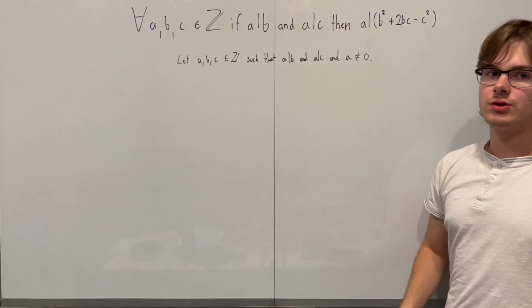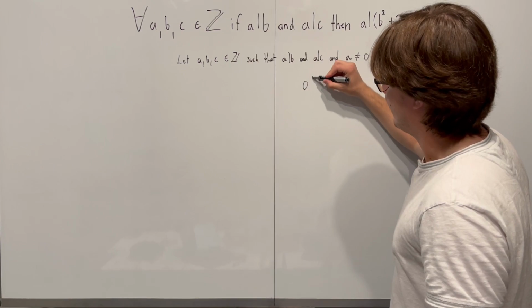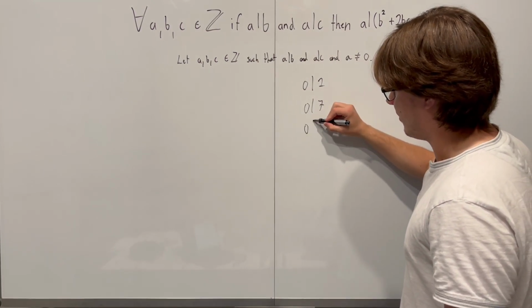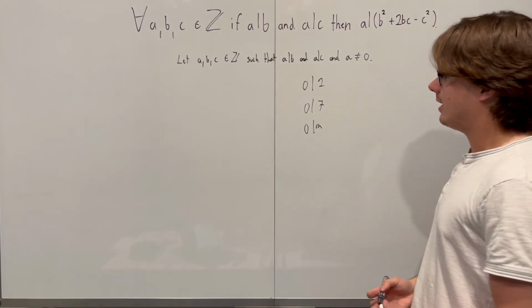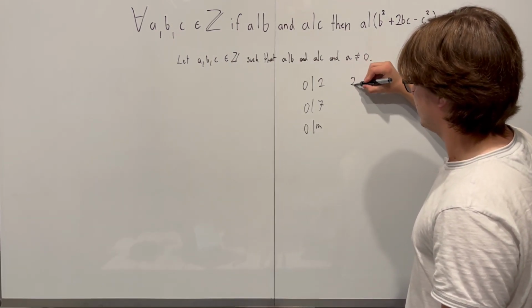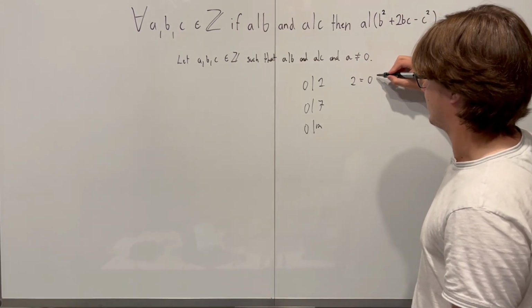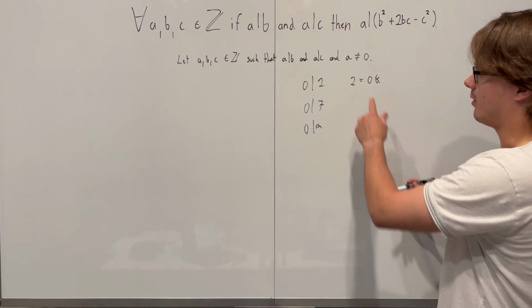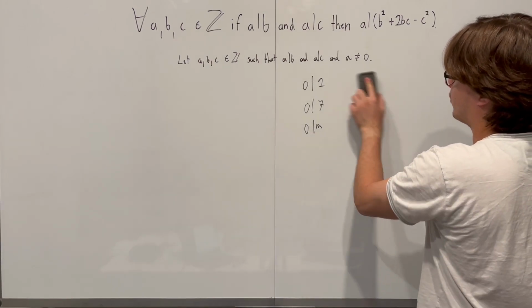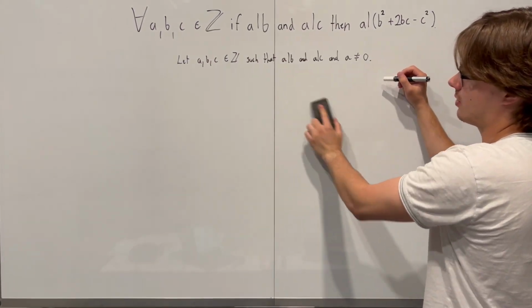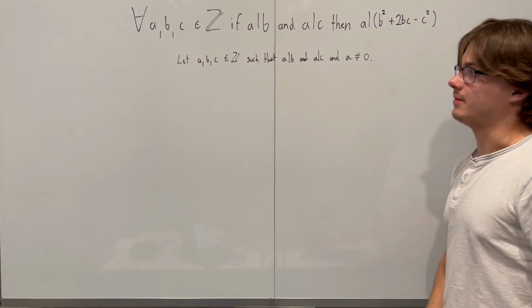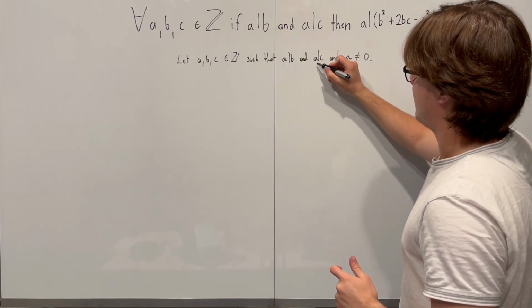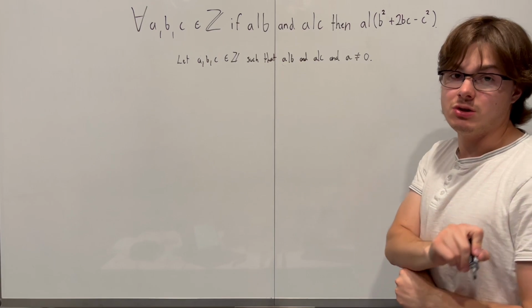If you're not sure why this is true, plug in a divide by any number, 2, 7, some random integer m, and show me that you can really write this as 2 times 0 multiplied by some integer k. You can't have 2 be a multiple of 0. Or try and rearrange for that integer that it must be multiplied by, and you'll notice it'll be dividing by 0.